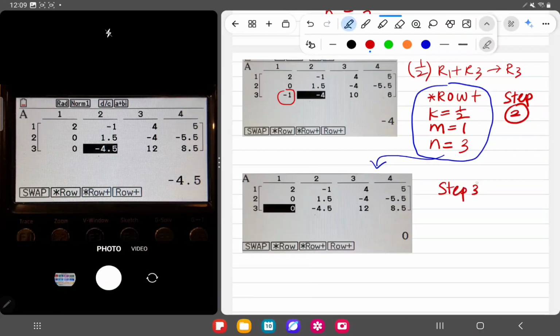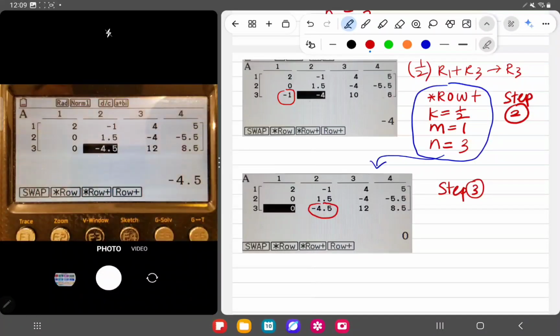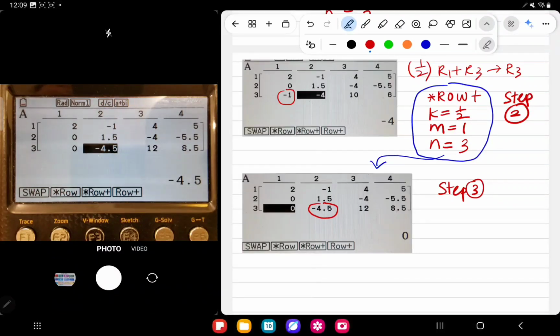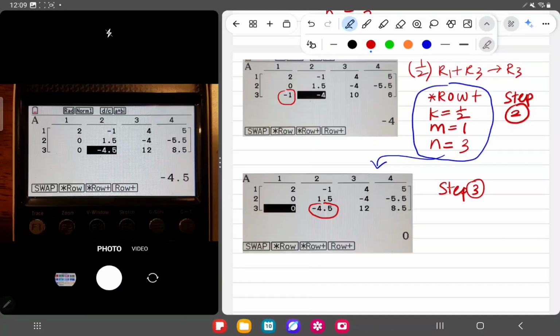Step 3, eliminate the y from row 3. So we will be using row 2. Multiply row 2 by a suitable number and then add to row 3. Using multiply row plus as well, can you tell me what's supposed to be k, what's supposed to be m, and what is n?